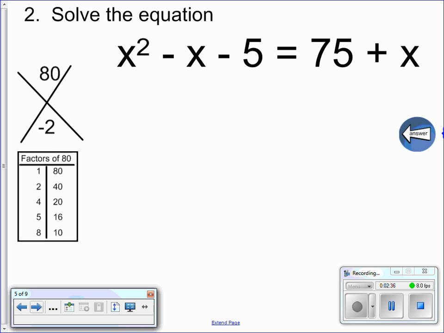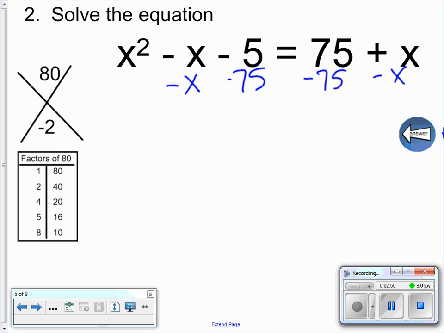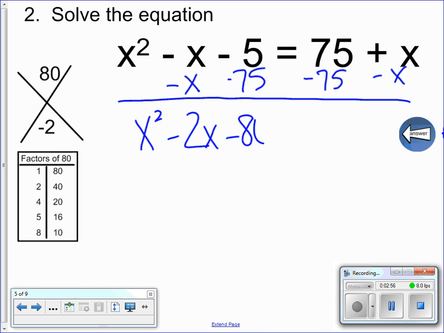All right, solve the equation. So I need to get this to equal 0. So minus 75 minus x. So that gets us x squared minus 2x minus 80 equals 0.